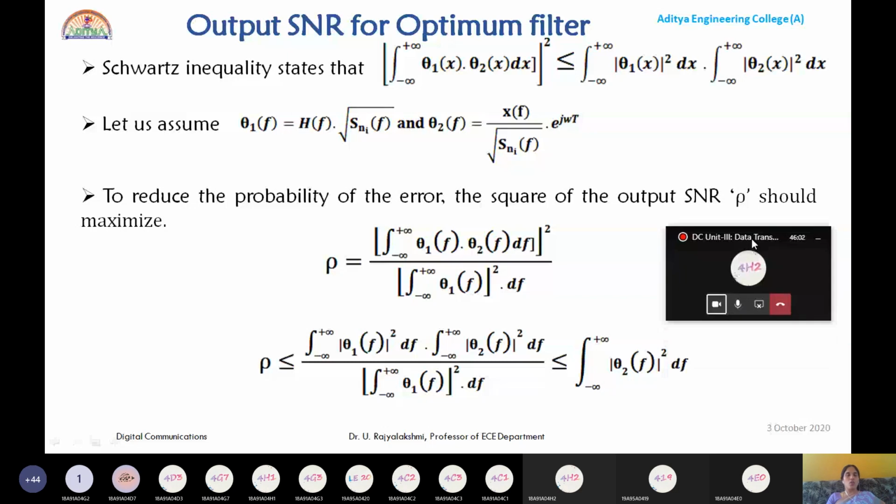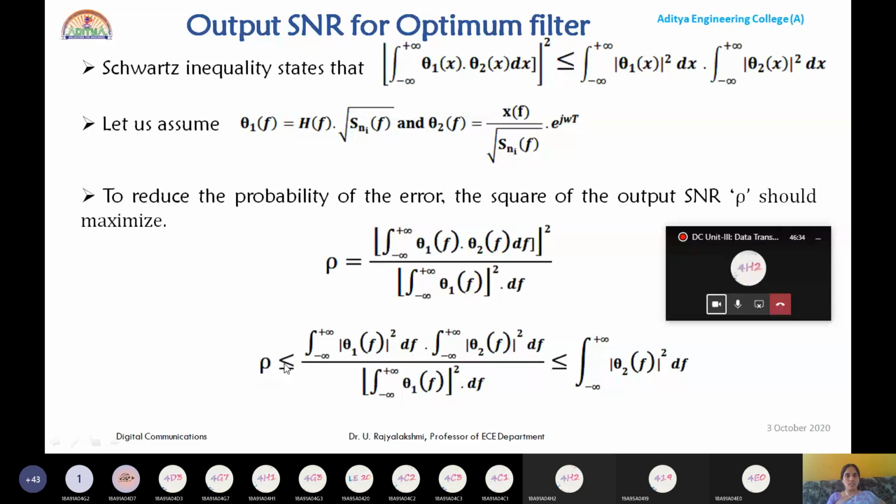So what is rho? Rho is equal to this value, but from the Schwarz inequality, the numerator value, the square of the integration of the product of two functions, is always less than or equal to the product of the individual squared functions.